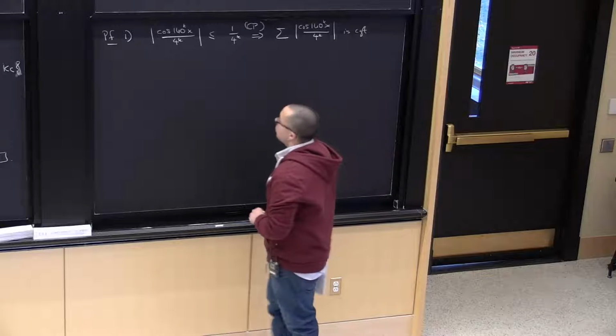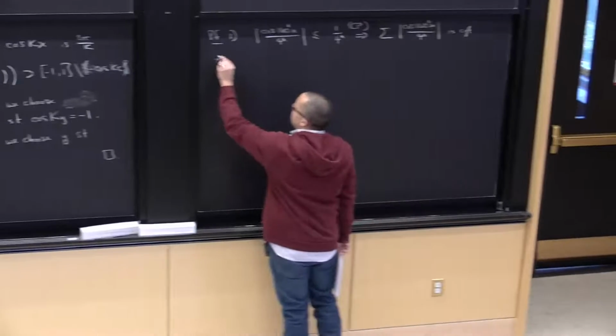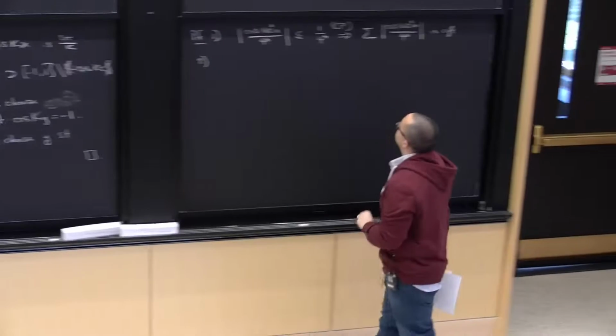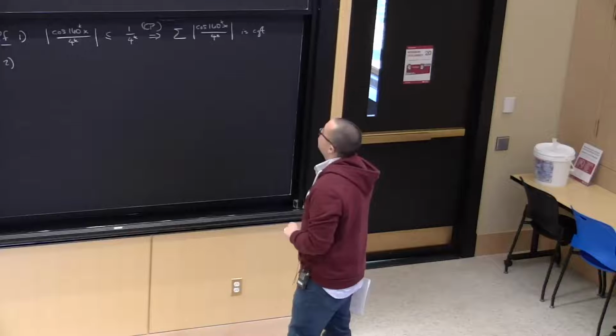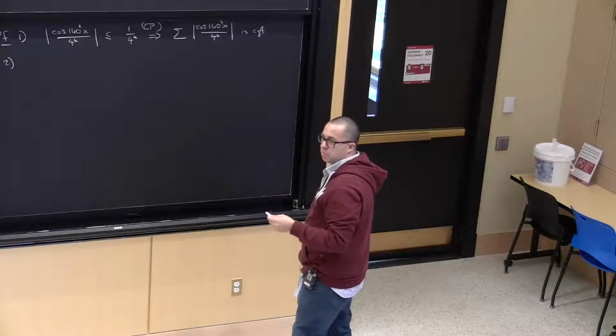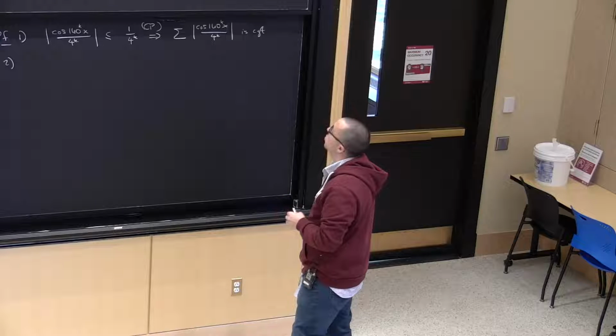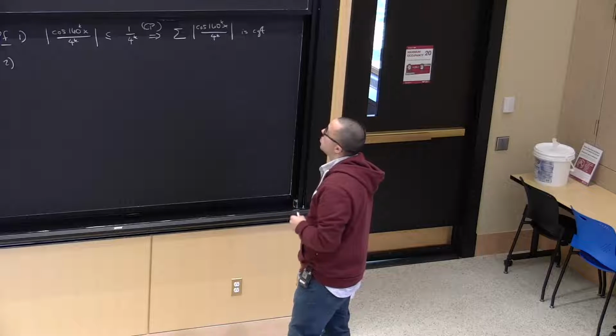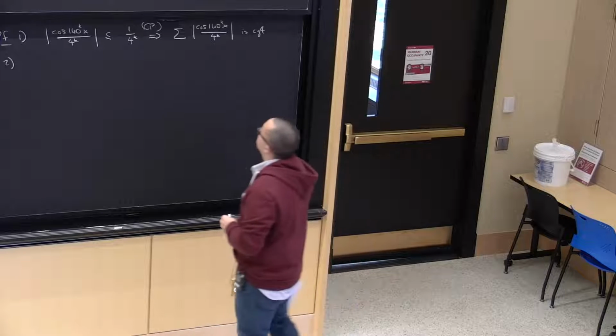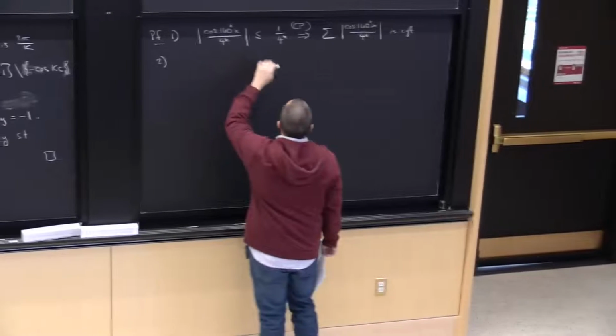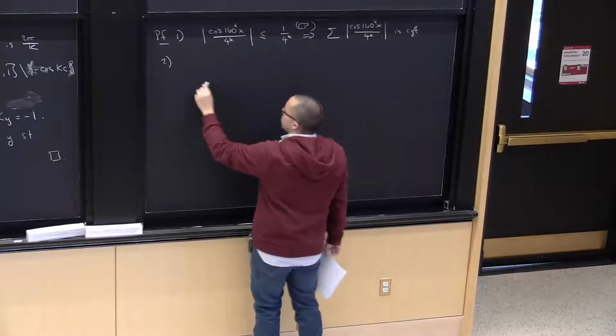Okay? So now we have this function defined by this series. Note, this is not a power series, because a power series involves polynomials in x. This is cosine of a number times x. So let's show it's bounded. The same proof that we gave here shows it's bounded.